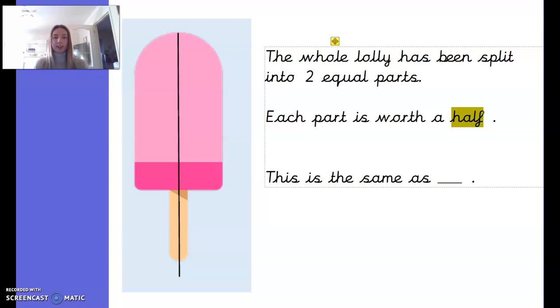That's how we would write it in words. And then this is the same as 1/2. I'm just going to use a slightly different pen. Here we go. 1/2. So we have 1 on the top because this is part of the lolly that we've got, 1 part of the lolly, and all together we've got 2 equal parts.